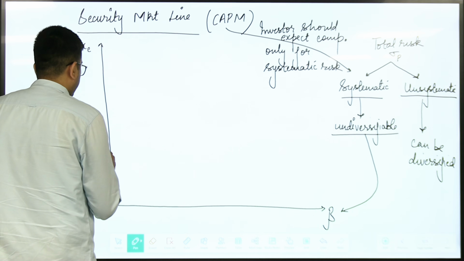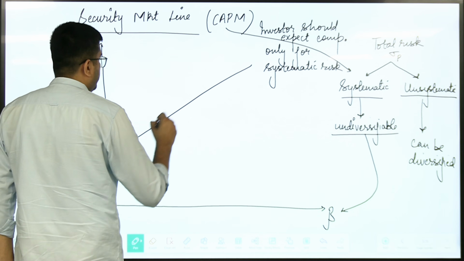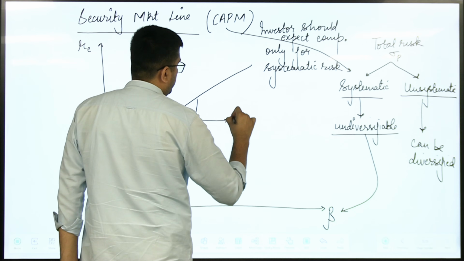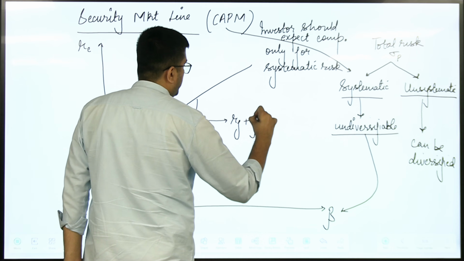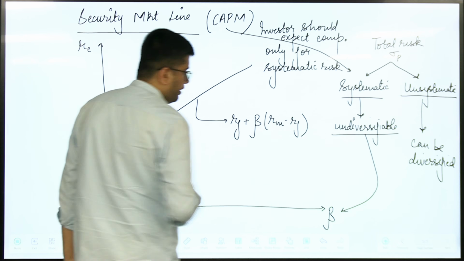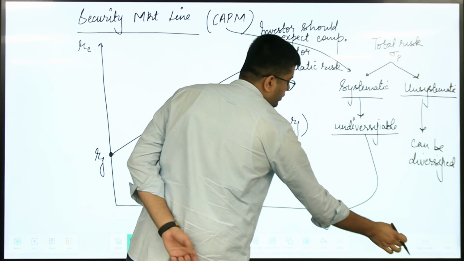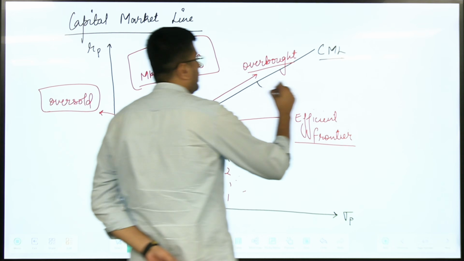So we start from risk-free rate, it goes upwards. And for this, we have the equation: risk-free rate plus beta times (market return minus risk-free rate). Now, on the same lines, the previous model, CML, also has an equation.